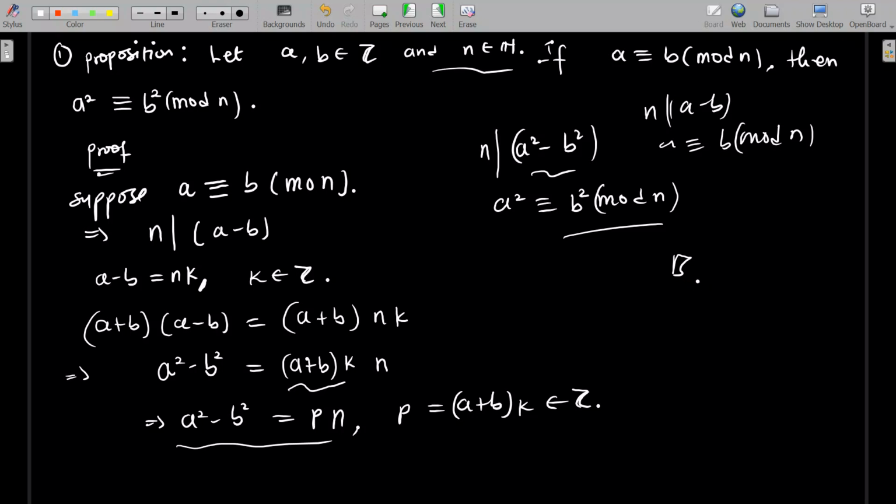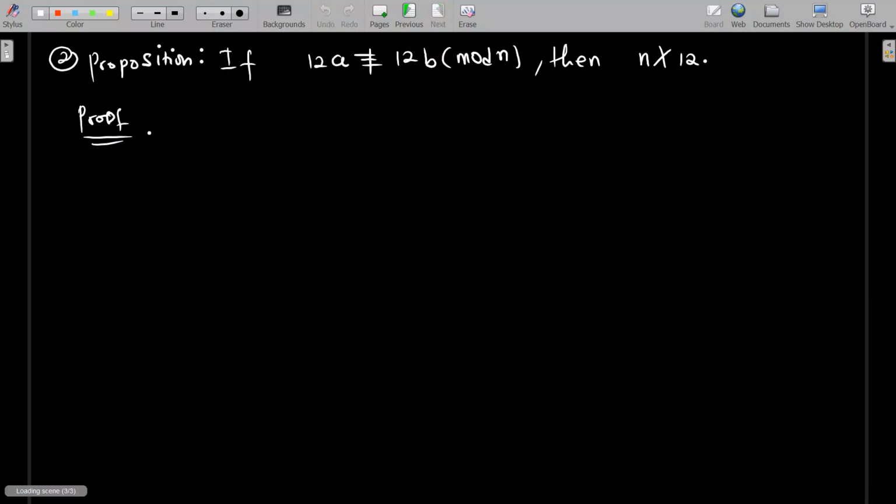So very simple, right? Now let's go to the other one. If 12a is not congruent modulo to 12b mod n, then n does not divide 12, right? So here we cannot just prove this straight away with the negation in them. So we can try to write a contrapositive of this. The contrapositive of it is that we negate this and negate that.